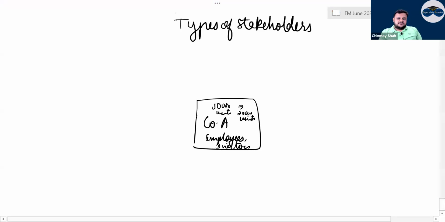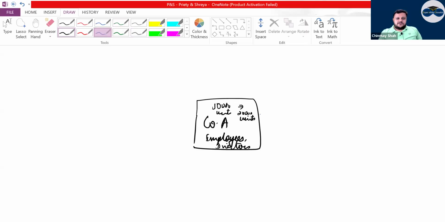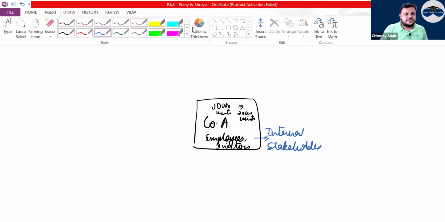So if you ask me, have a look. Employees, directors and managers are called internal stakeholders. What are they called? Internal stakeholders, correct? Now, slowly, we'll do one link at a time. You also draw it like this only.